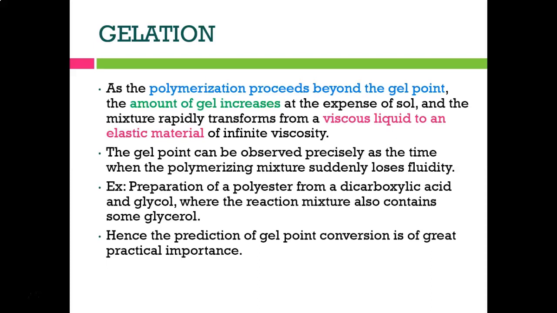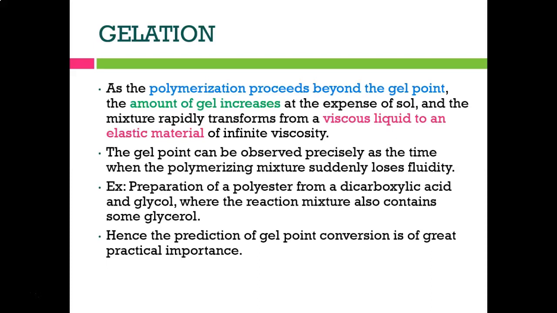And if you carry out a polymerization process, you can see in the flask of the reaction the formation of crystals first at the surrounding of the flask, inside the flask itself, before it becomes hardened. For example, in the preparation of a polyester from a dicarboxylic acid and glycol, where the reaction mixture also contains some glycerol.